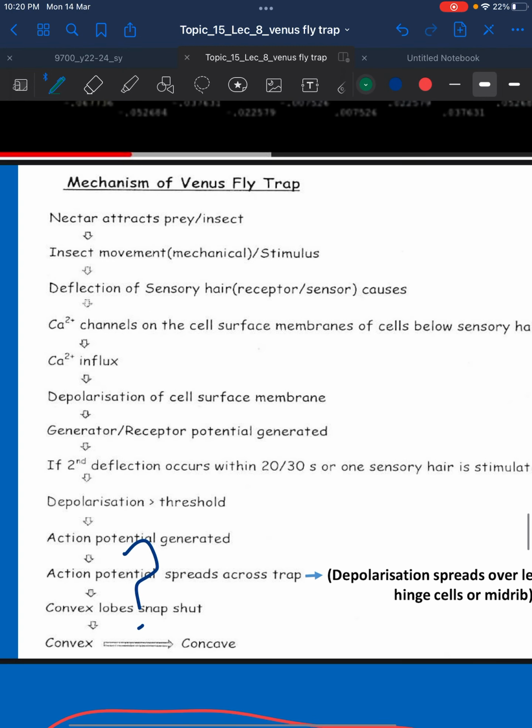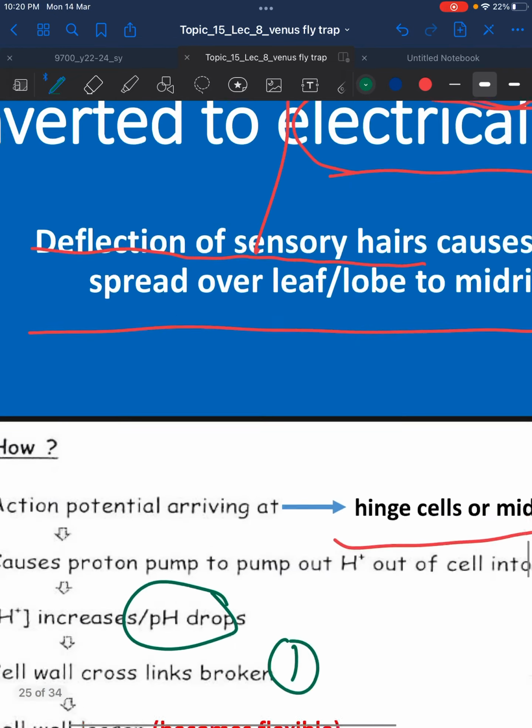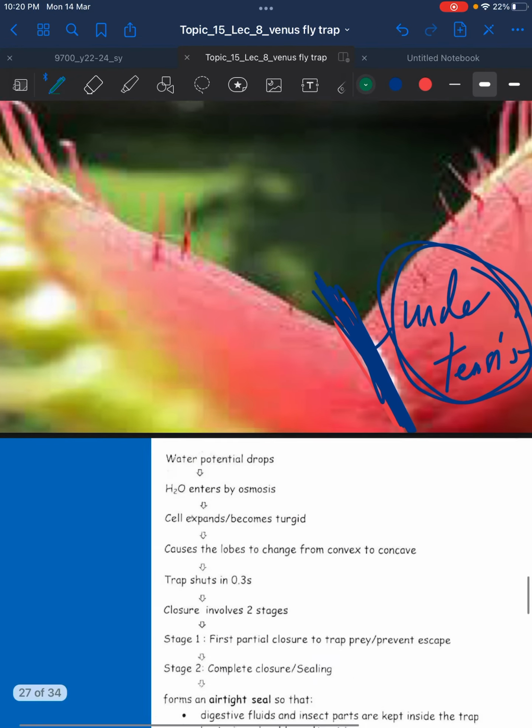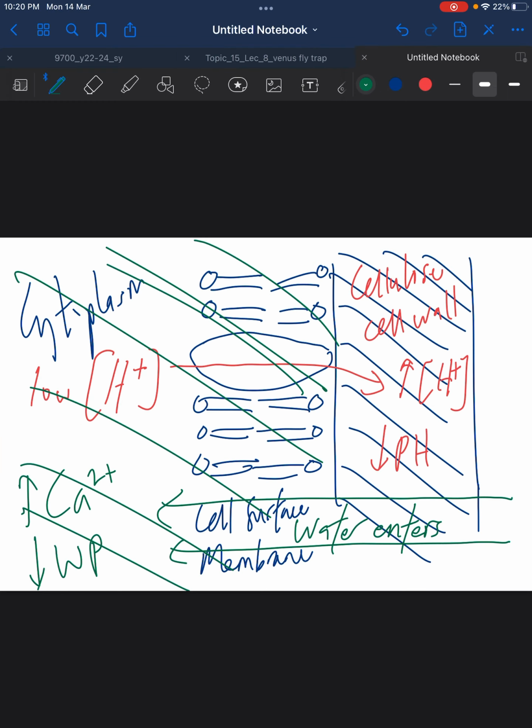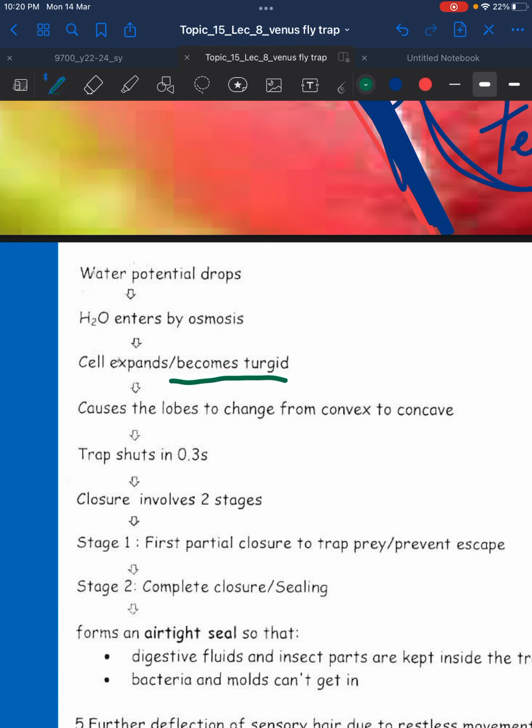Okay, the influx of calcium, because of the deflection of the first hair and the second hair, will cause water potential to drop, so water will enter by osmosis. Okay, remember this one here, the one I just drew, becomes turgid, and that's when it changes from convex to concave.